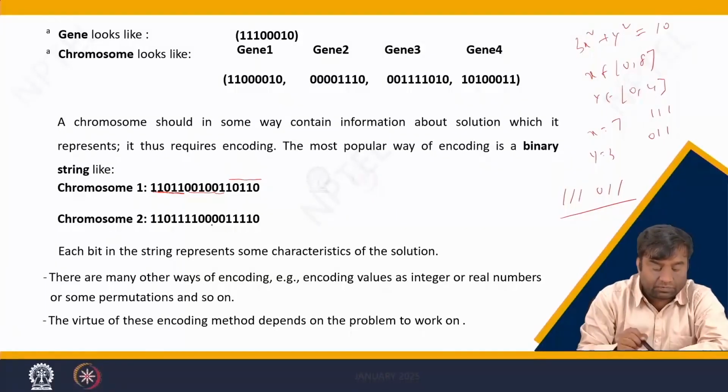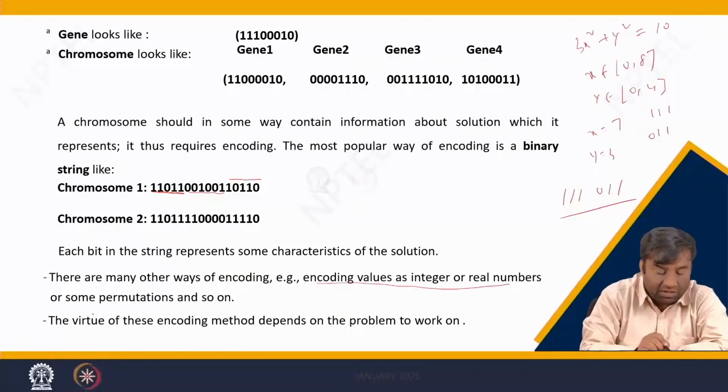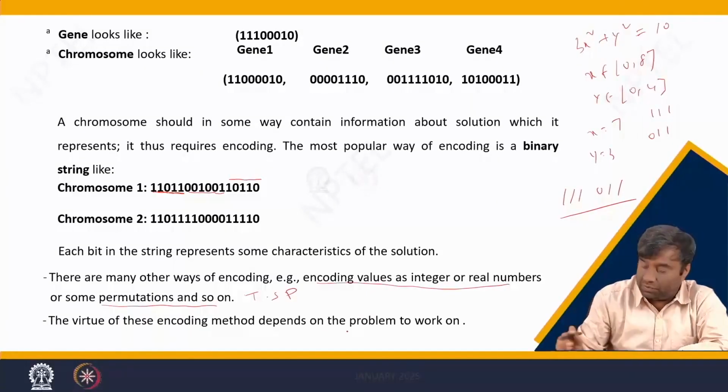Each bit in the string represents some characteristic of the solution. There are many other ways of encoding, for example encoding values as integers or real numbers for some problems, or as permutations for the traveling salesman problem, that is TSP. The suitability of an encoding method depends on the problem being worked on.